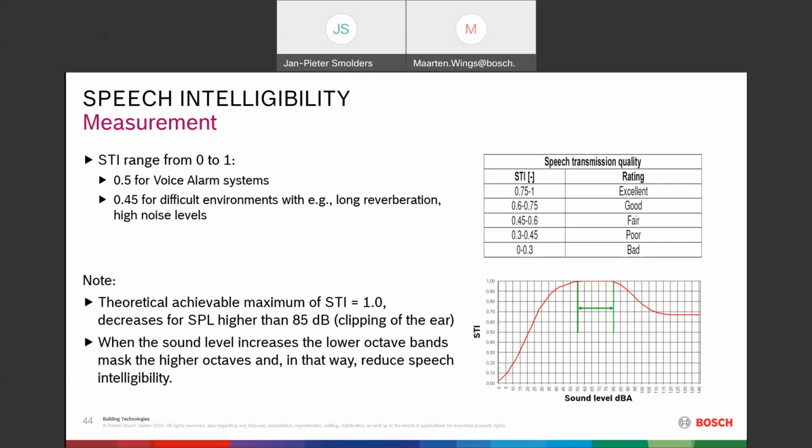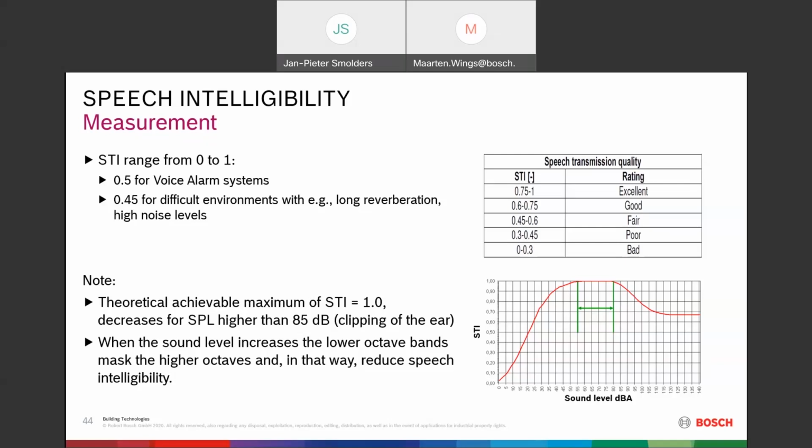What they found out later, after this STI standard was approved, is that when the sound level is higher than 85 dB, your ear also cannot hear as well anymore.